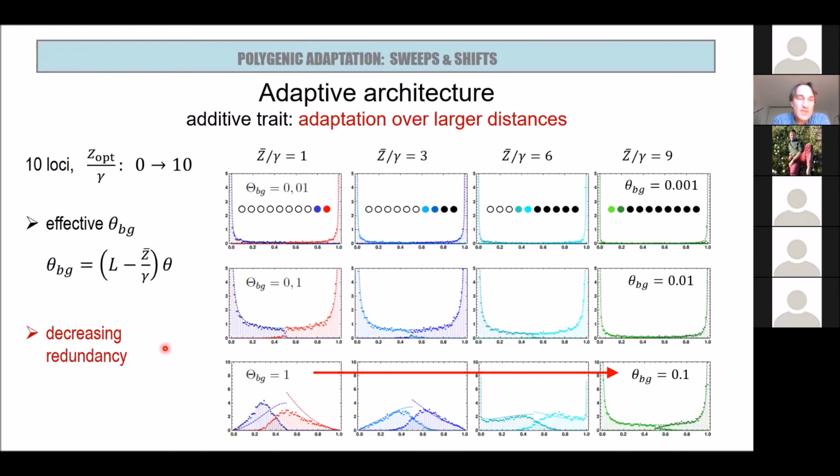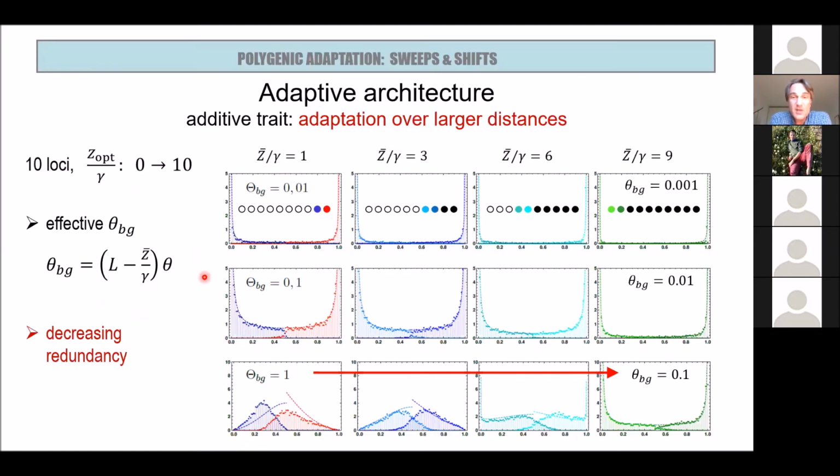And the answer is that, for the first one to move from this side to this side, this one sort of has 9 others to compete with. So this theta background is theta times 10 minus 1, 9 times theta.